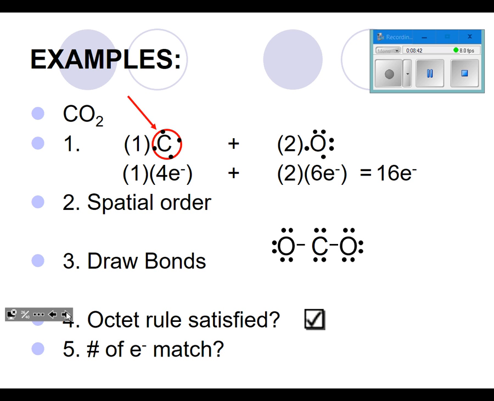But now we have to count the number of electrons. And when we count the number of electrons, we have 2, 4, 6, 8, 10, 12, 14, 16, 18, 20. Well, that's way too many because we're only allowed 16. So we're going to have to erase some. And when we erase some, we're going to make a double bond between here and here.